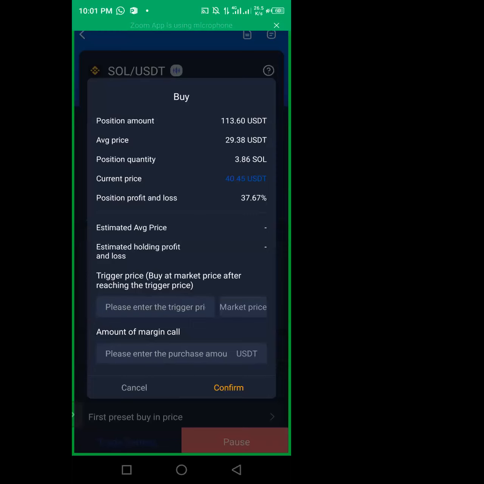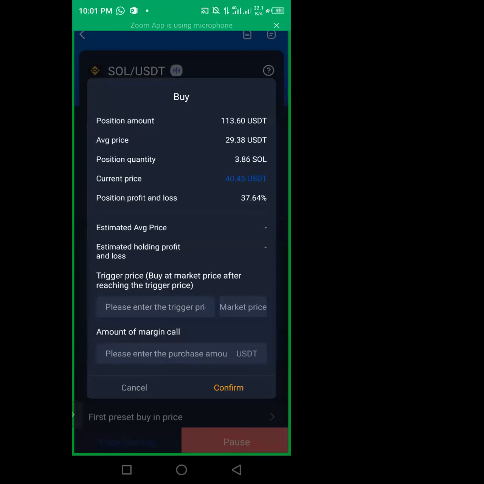This manual replenishment helps your average price to come down. Manual replenishment works with your first buy-in amount. If your first buy-in amount is 70, some people will say, okay, I don't want to trade with margin calls. I have 200 for this trade. I've entered with 100. They will switch off their margin calls, but they have 100 with them.